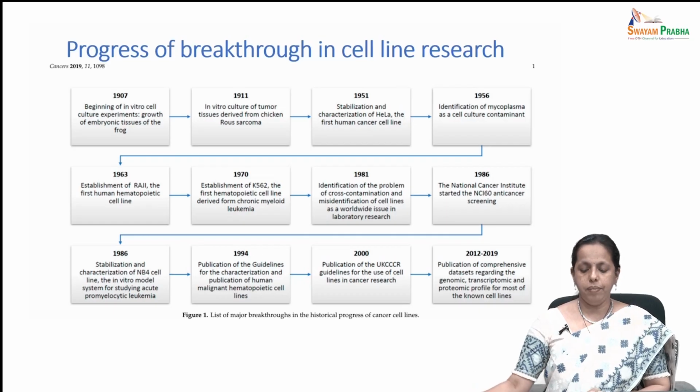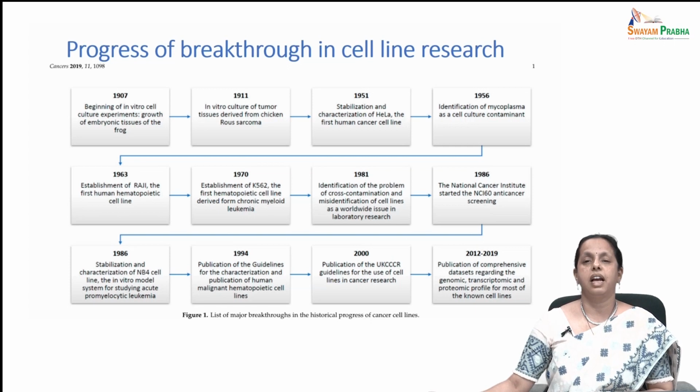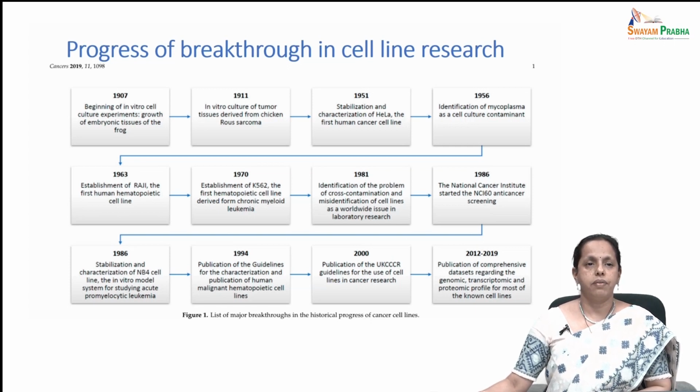So at that time, the National Cancer Institute, which we will be dealing with in detail in this lecture, started and established the NCI anti-cancer screening. Then several in vitro model systems for studying acute promyelocytic leukemia were established, and there have been identifications of many other guidelines and so on.